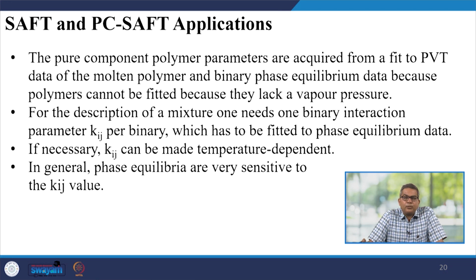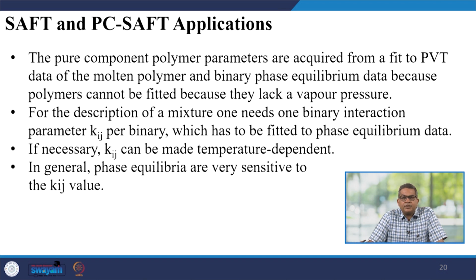For pure component polymer parameters, they are acquired from a fit to PVT data of a molten polymer and binary phase equilibrium data, because polymers cannot be fitted to vapor pressure, owing to the lack of it. For the description of a mixture, one needs one binary interaction parameter kij per binary, which has to be fitted to phase equilibrium data.